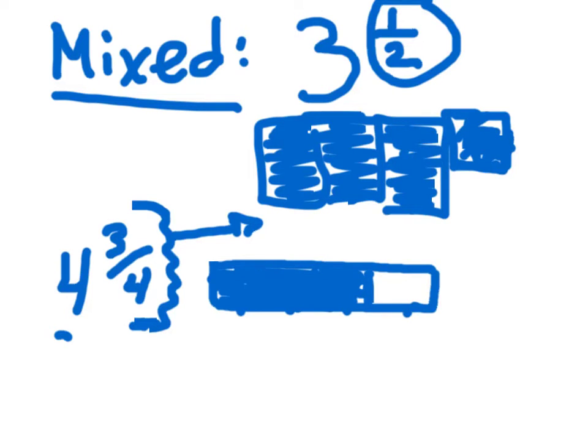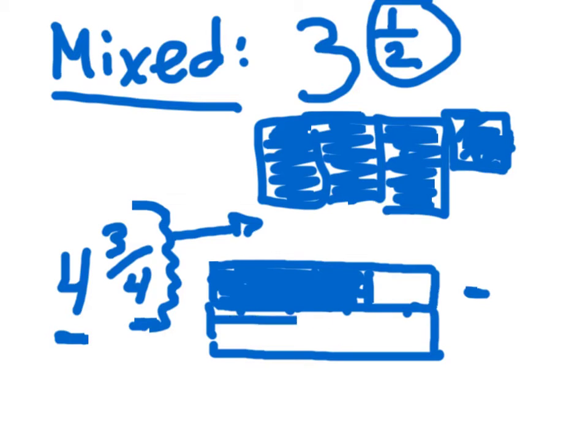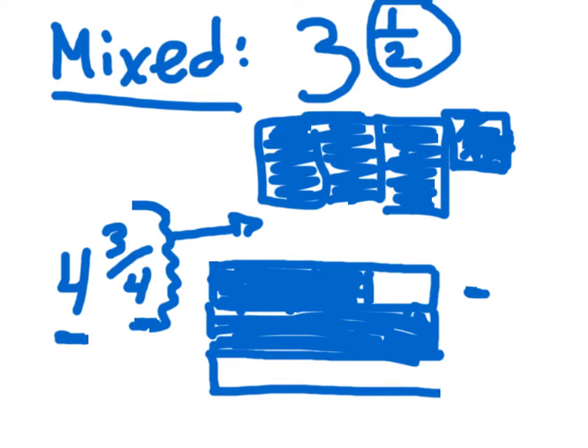But I'm not done yet because remember we have 4 wholes as well. So basically the 4 wholes means we have 4 more of these bars right here, but they're filled up completely. So I'm going to draw another one equally in size, just like that. And we're going to color the whole thing because it's a whole piece. So that's 1 whole piece. Then I'm going to add on another one the same size.